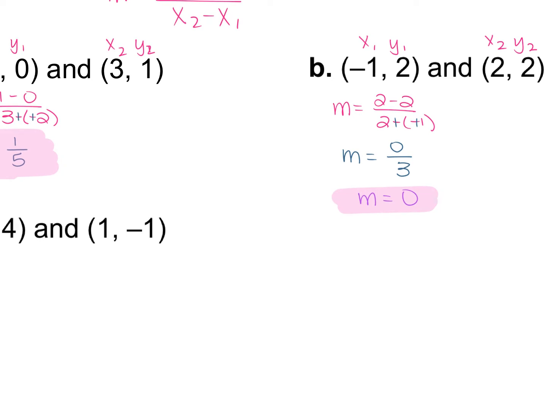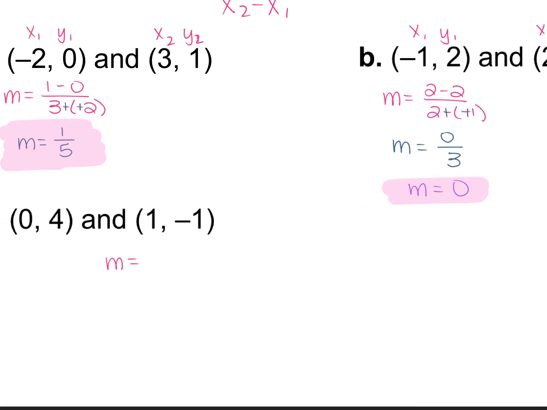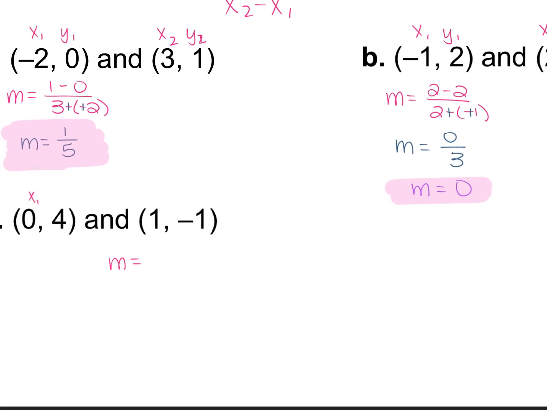For example C, we have the ordered pairs (0, 4) and (1, -1). To find our slope, again, we do y2 minus y1 over x2 minus x1. I'm going to have that (0, 4) as x1 and y1, and (1, -1) as x2 and y2.